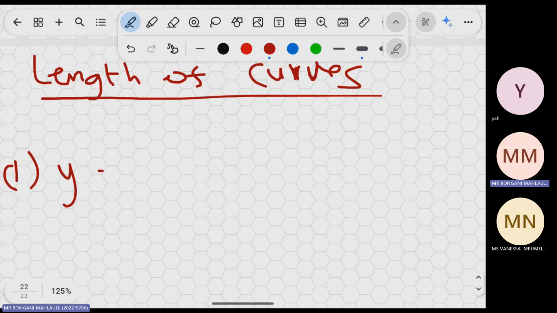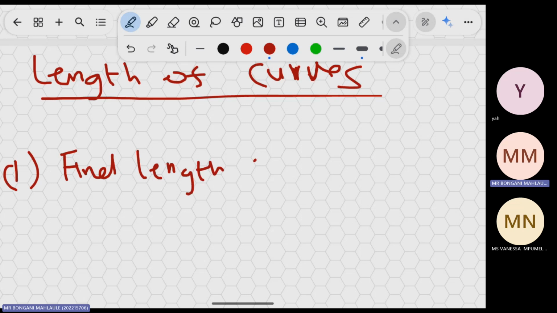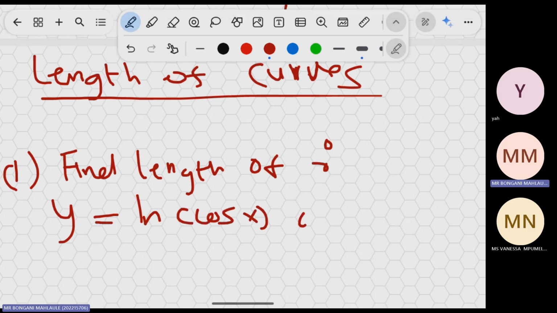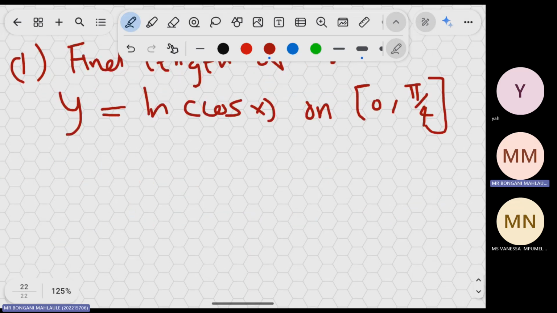So I have y equal to ln of cosine x on the interval 0 to pi over 4, and we want to find the length of it. So I said the formula will be like this.